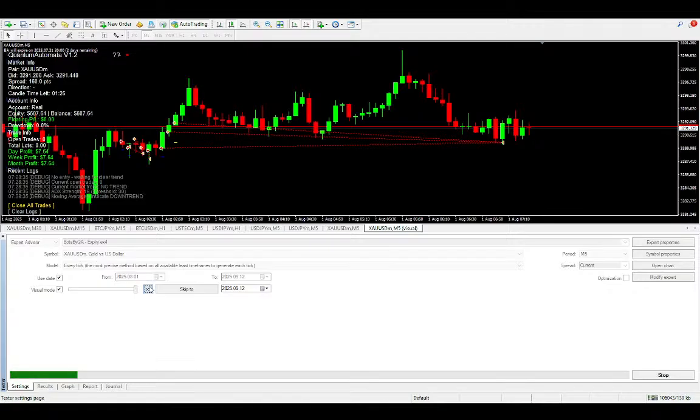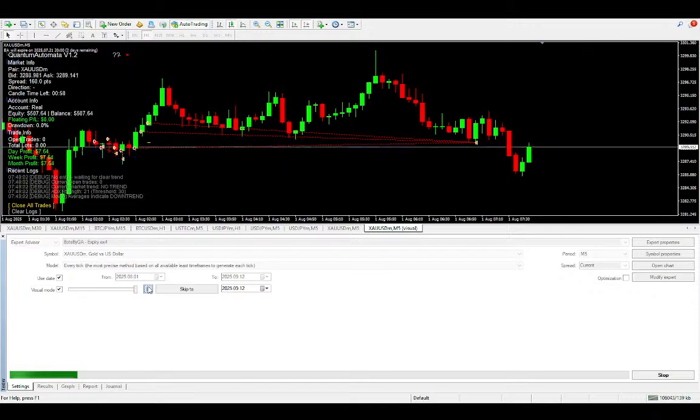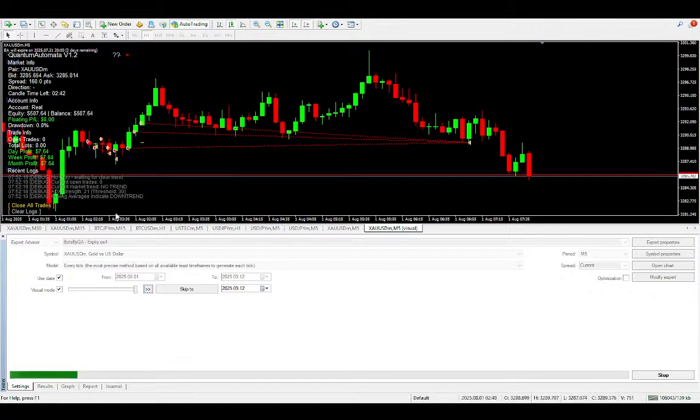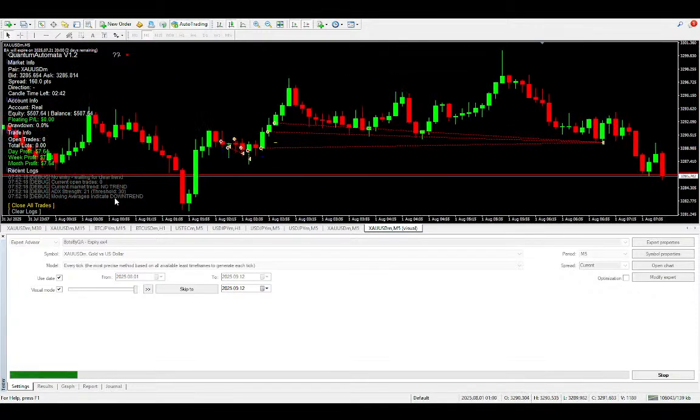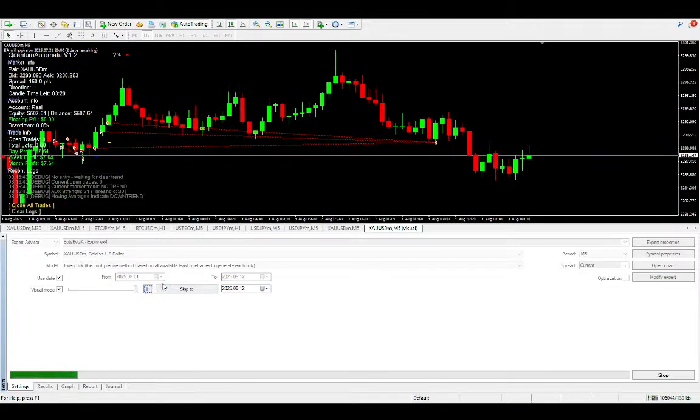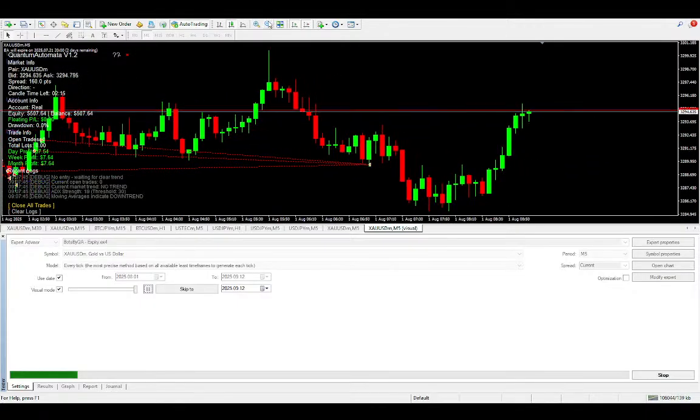So it depends. All right, so now currently it doesn't detect any trend. All the moving averages are seeing a downward trend, but based on the trading bot's observation, it did not see a trend, so it will not take the trade. All right, so let's move on. It keeps analyzing the market.